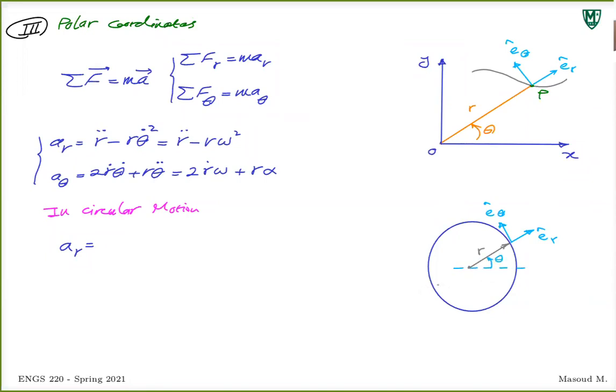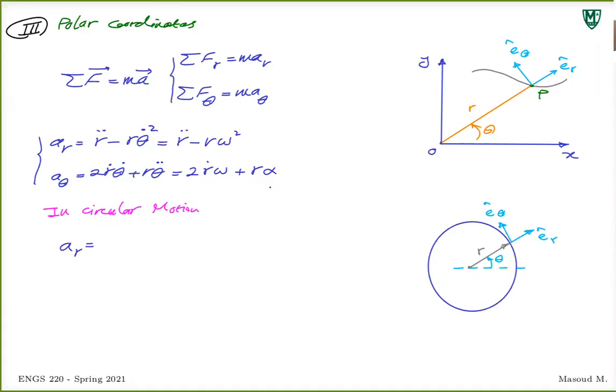So in circular motion or in circular path, R is constant. You can just represent that with lowercase r or uppercase R if you want to distinguish that from what we had before. But in this case, R is constant. So if you look at AR and A theta, R double dot becomes 0 wherever you have R double dot, because R doesn't change with respect to time.